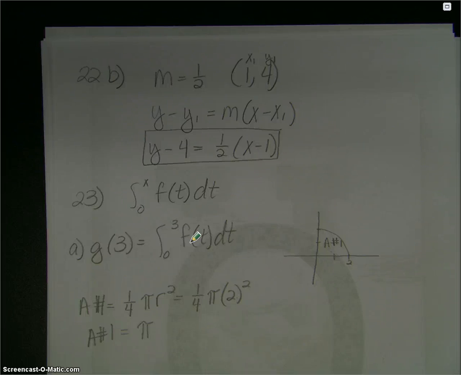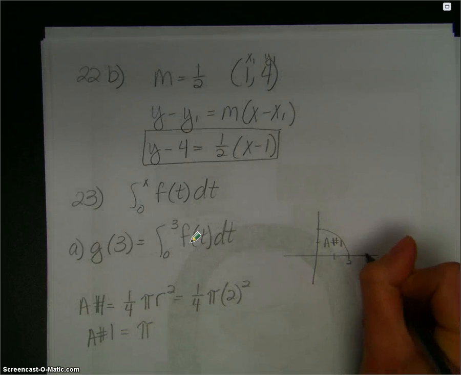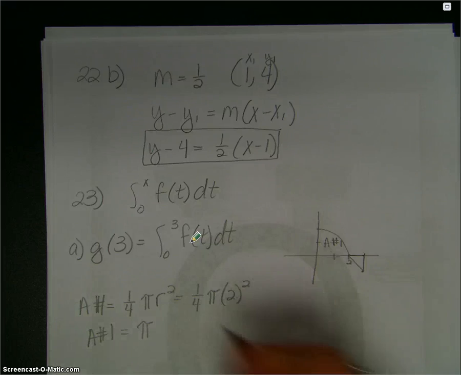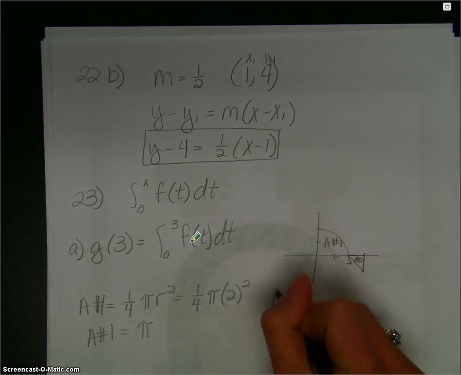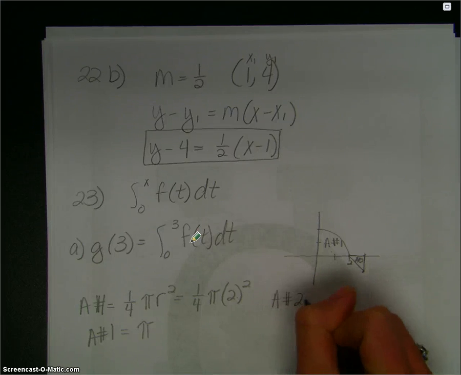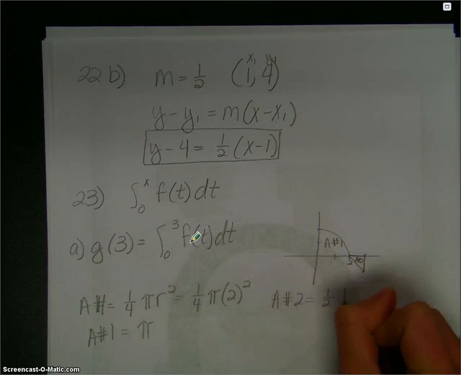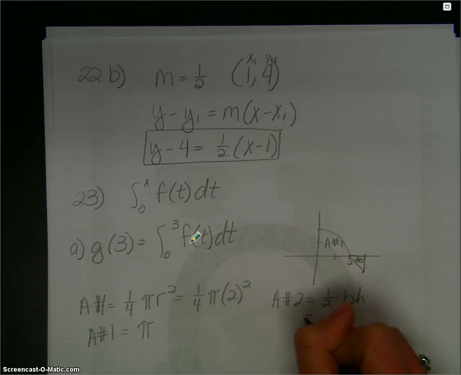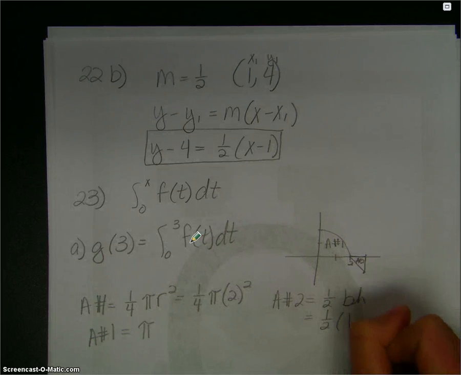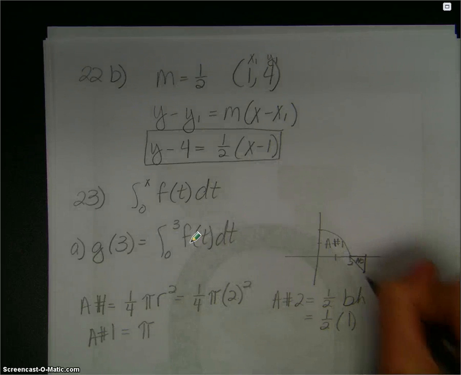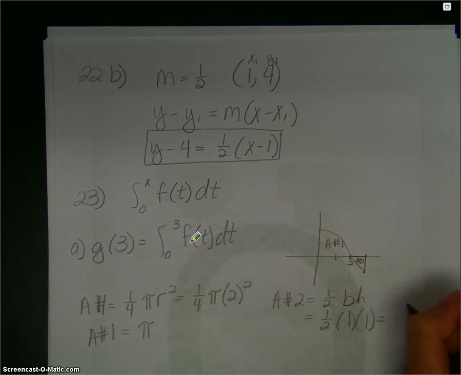All right, then I have a triangle that goes over here to 3, and that point right there is at -1. So here's my right triangle that I'm working with here. So this is going to be area number 2 right here. So area number 2, I'm working with a right triangle, so I want to work with 1/2 of my base times my height. So that's going to give me 1/2 of my base, which is 1, times my height, which is also 1, and so that gives me 1/2.